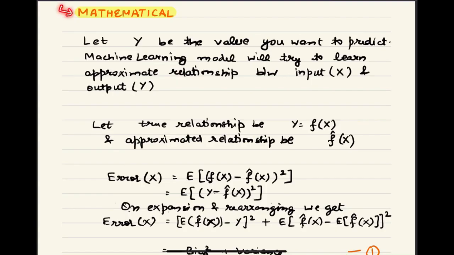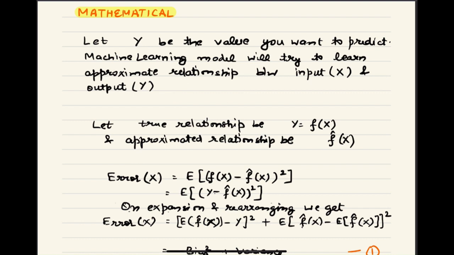Going over to the mathematical definition, suppose the value we want to predict is y. Our machine learning model will try to approximate the relationship between the input x and y using a function f.